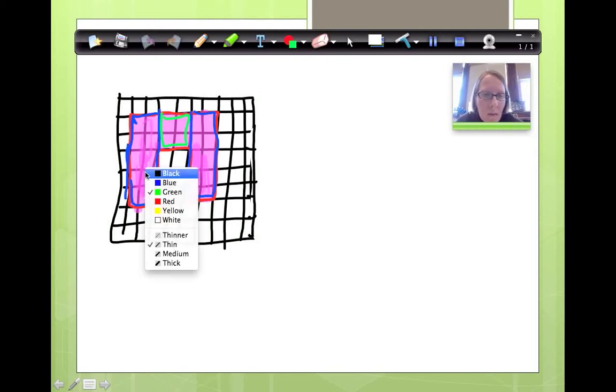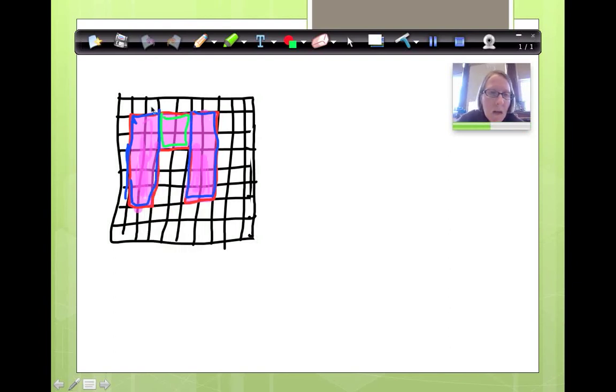We've got to find the area of this blue. Now this would be 2. This would be 1, 2, 3, 4, 5. Okay, so the area of the blue is 2 times 5, which equals 10. But remember there were 2 of them. This one is 10, this one is 10.